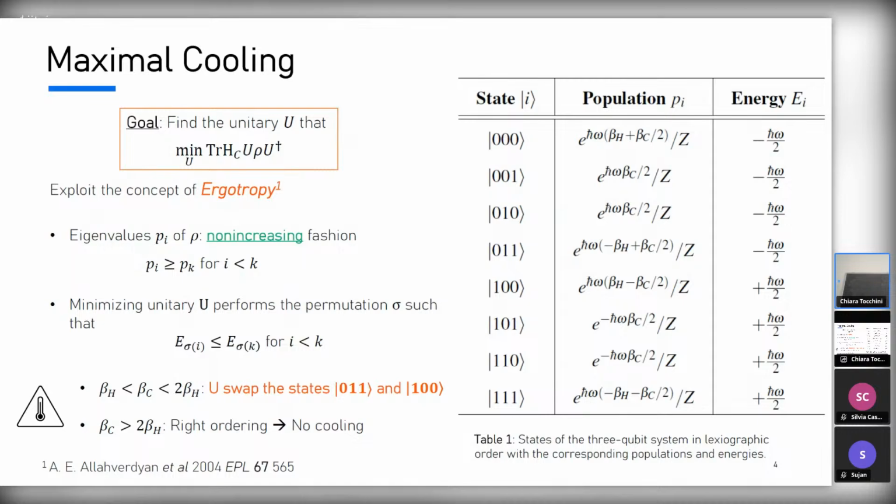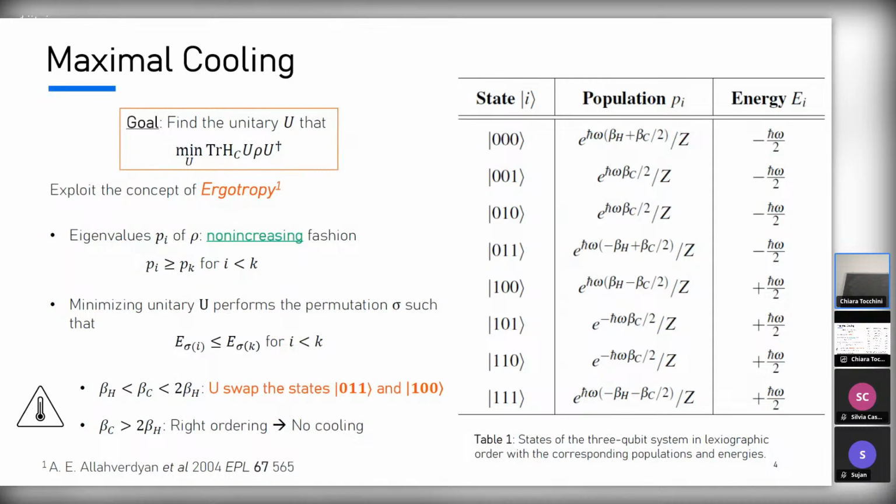So ergotropy is the maximum work extractable from a quantum system via a unitary cyclic evolution. So our problem is the same, but in ergotropy we address the total system energy, and here we address only the cold subsystem energy, so the energy of the qubit 1.